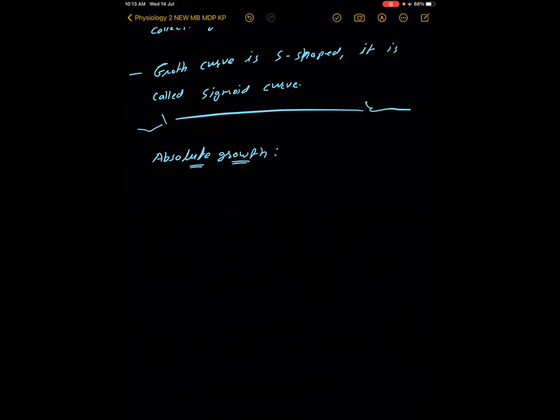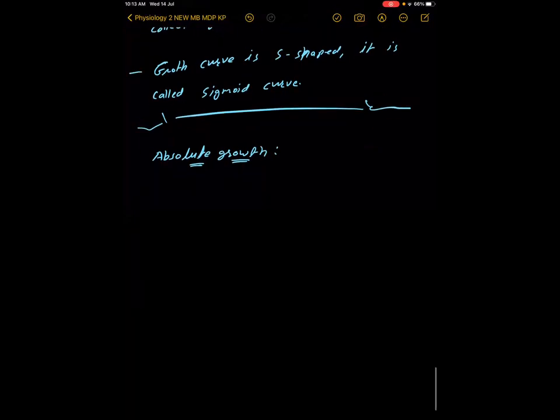Absolute growth is actually total growth, total increase in size, increase in mass per unit time. That is called absolute growth.